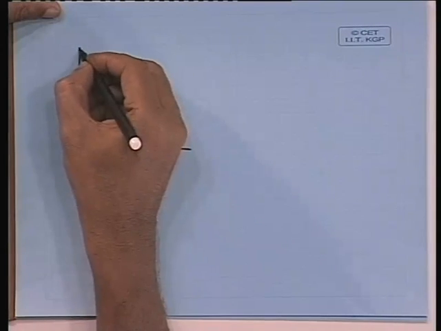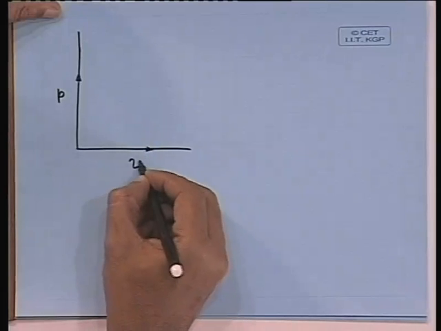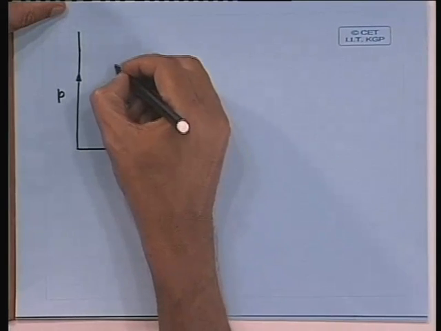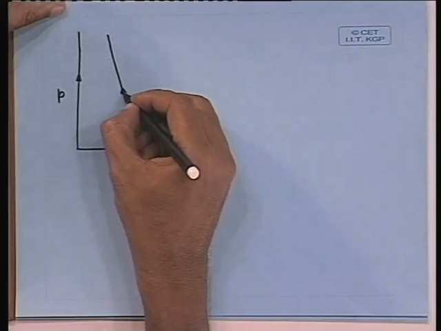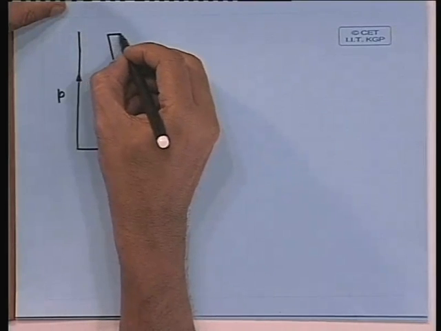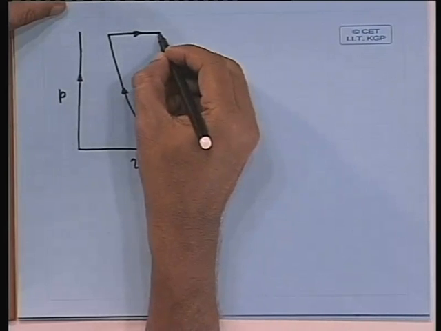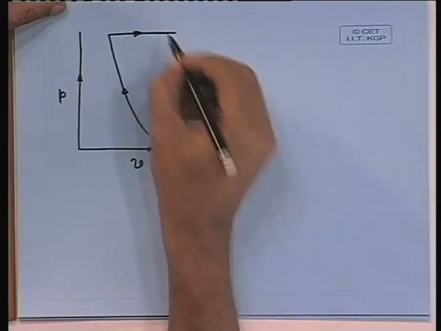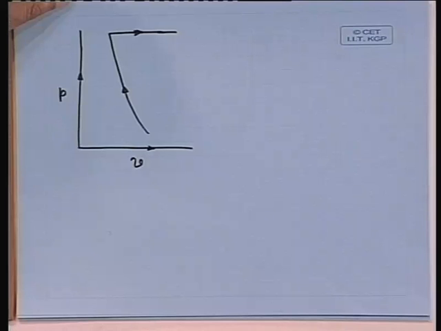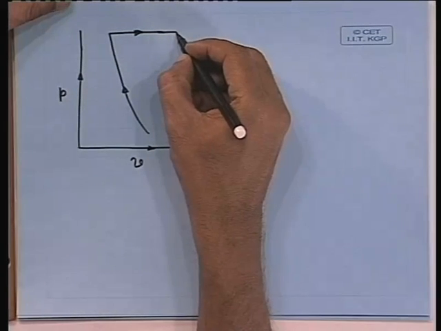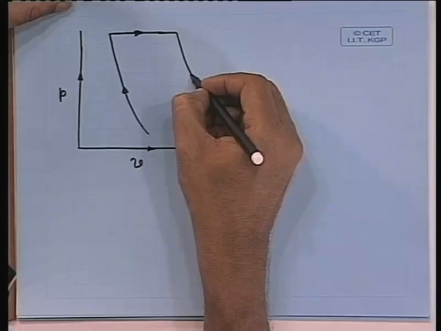We have the PV diagram of the process. So, we are starting from here, we have gone to a very high pressure. At that pressure, we are having the combustion process, which is replaced by an ideal constant pressure heat addition. Then we are having the expansion.